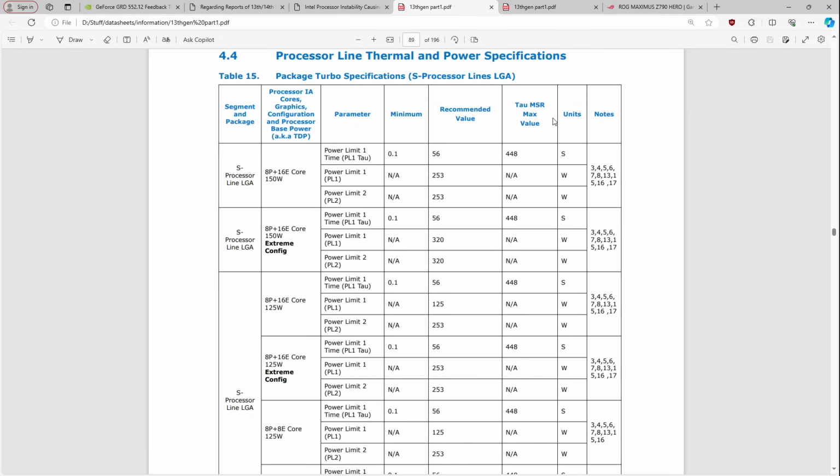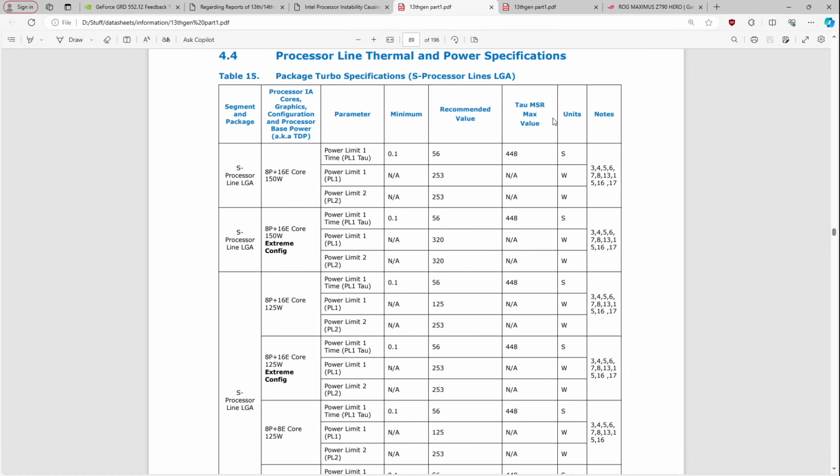AMD, for comparison, isn't cool with motherboard manufacturers punching in whatever power limit they feel like. So if you take a 7950X and put it on literally any AM5 motherboard, the PPT, EDC, and TDC are all set to the exact same numbers on every single motherboard.